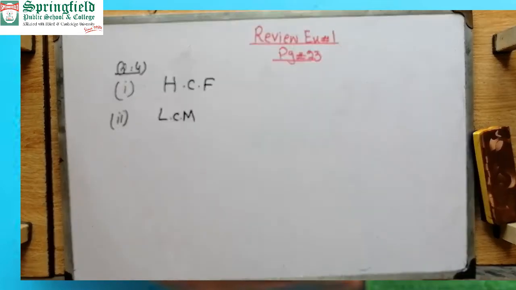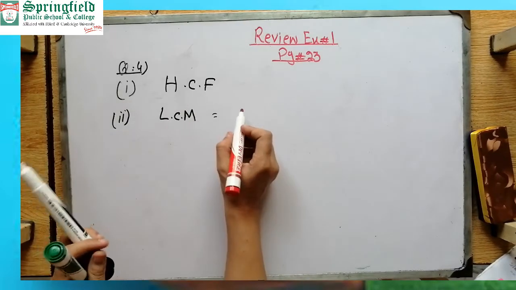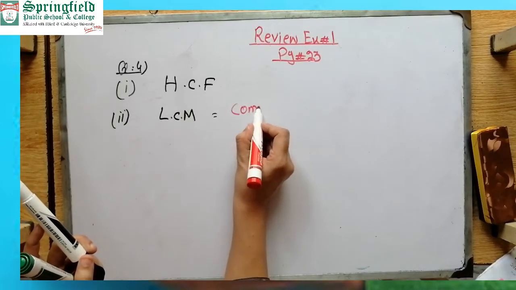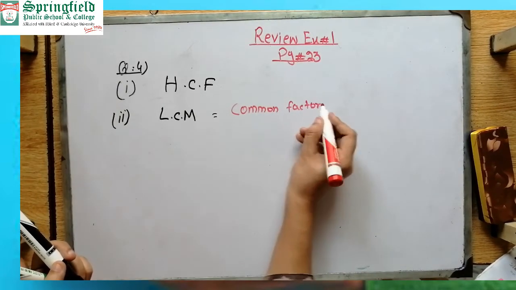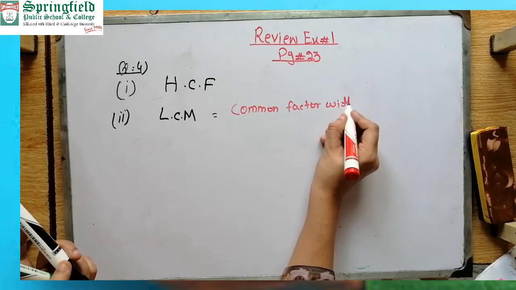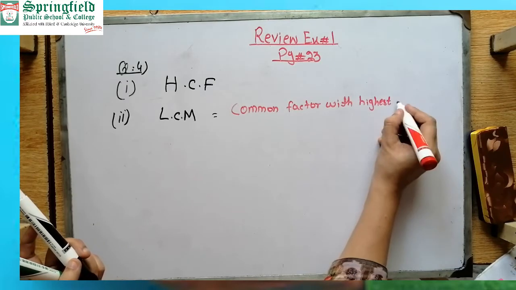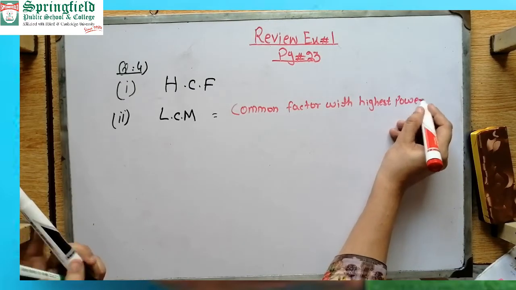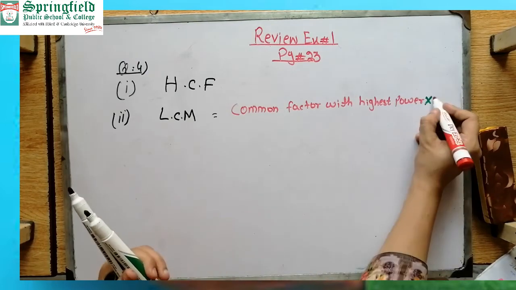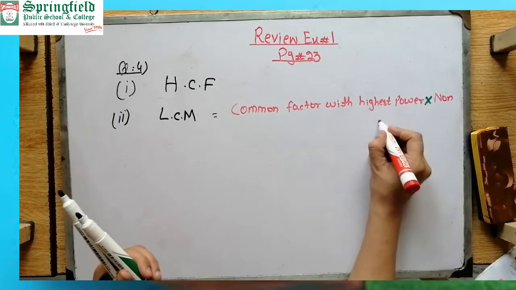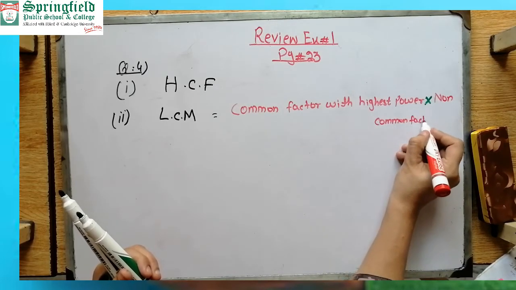As we know, the formula of LCM is equal to common factor with highest power multiplied by non-common factor with highest power.